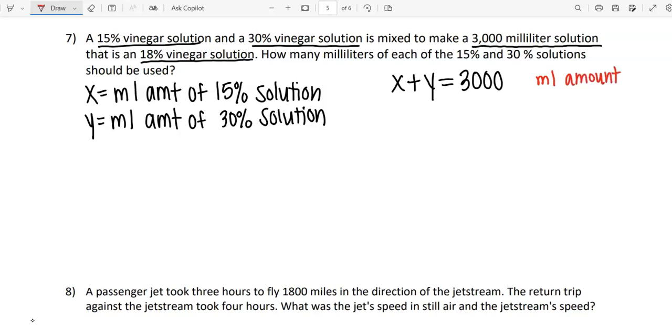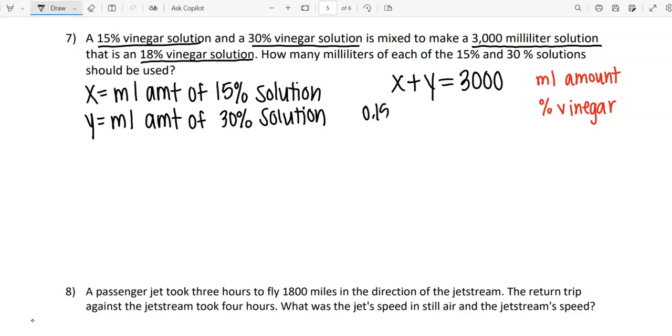And then you're going to have another equation representing the percent of vinegar in your solutions. How much of the first solution is vinegar? 15%. How do you write 15%? 0.15.